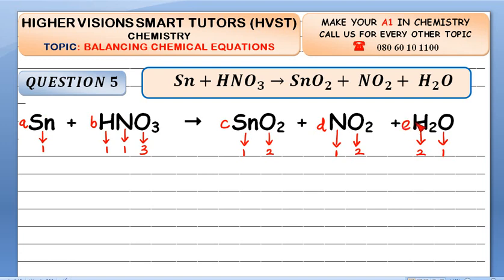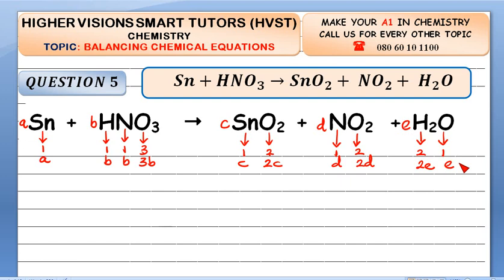So let's now find the actual number of atoms by multiplying all these numbers by their respective coefficients. 1 multiplying A, that's A. 1 times B, that's B. 1 times B, B. 3 times B, 3B. 1 times C, C. 2 times C, 2C. 1 times D, D. 2 times D, 2D. 2 times E, 2E. 1 times E, E. Fine. These are the actual number of atoms of various elements present in the chemical equation.